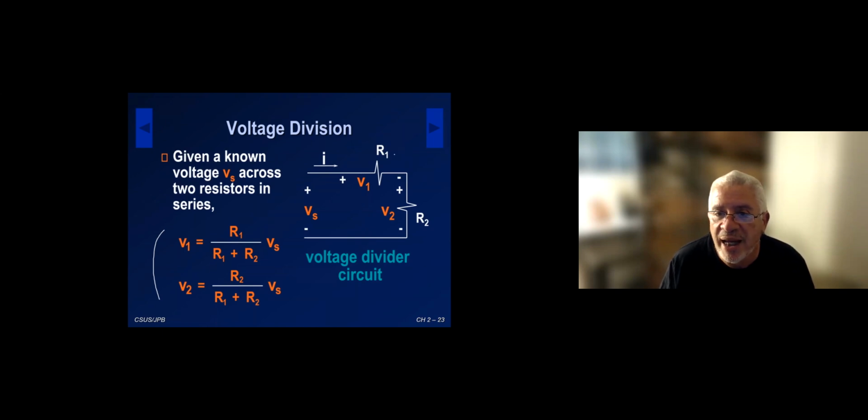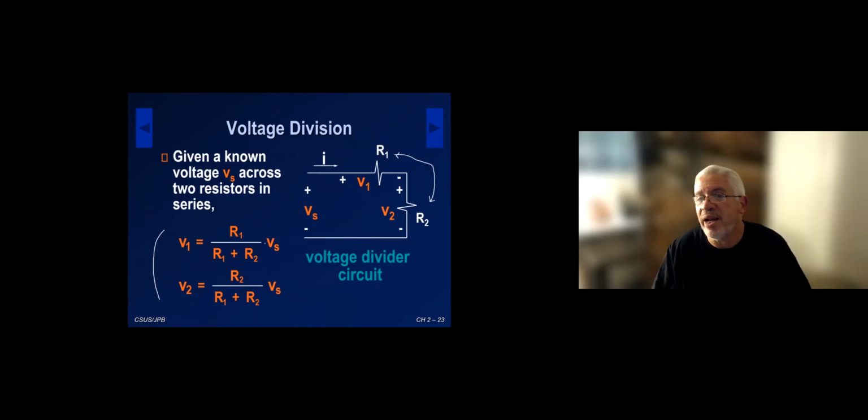You realize that R1 and R2 are two resistors in series, so I can combine them by simply adding their values to get an equivalent resistor. Once I do that, I can use Ohm's law to get the current I, which is Vs divided by R1 plus R2.